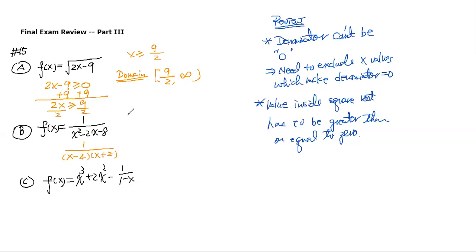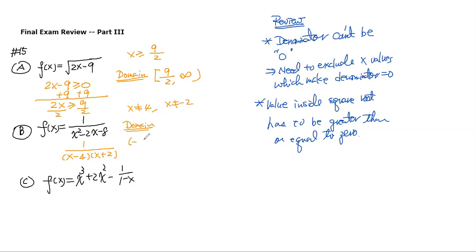So that means x cannot be equal to 4, neither can x be equal to negative 2. These two values will make the denominator become 0. So I need to exclude them from the domain. So the domain here will be what? It's everything except these two.